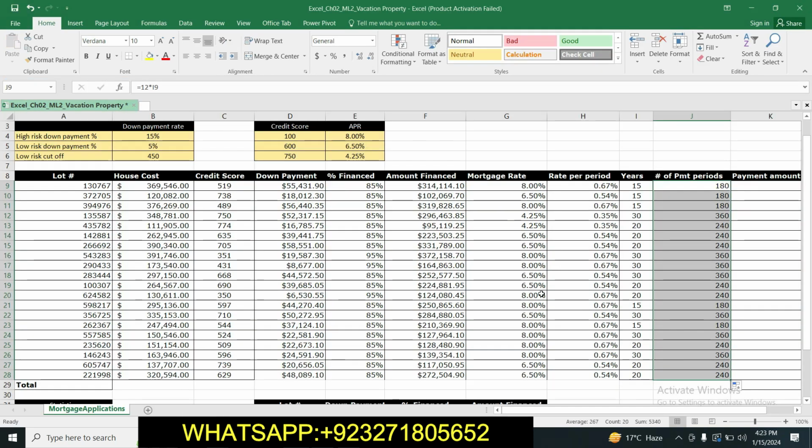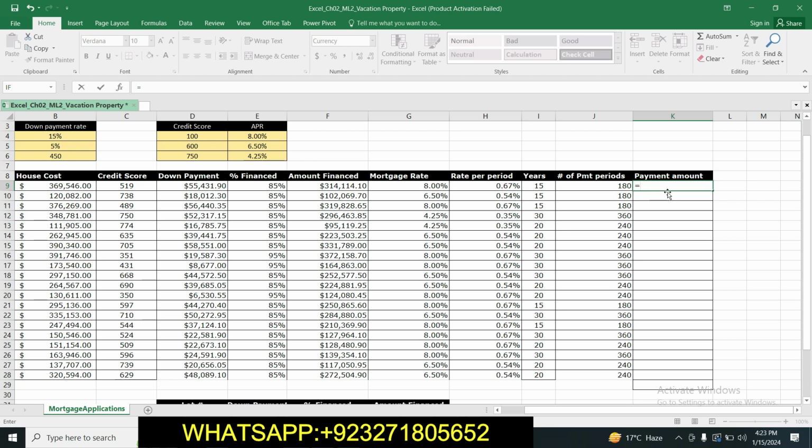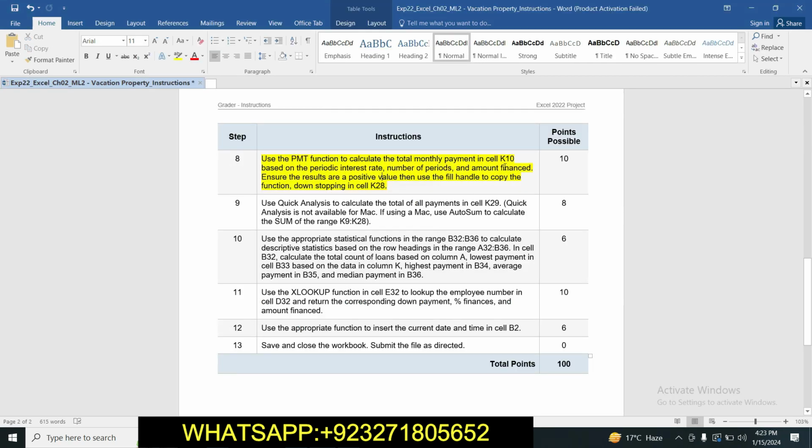Go to the Excel worksheet in cell K9. Firstly, in cell K9, we will find the payment amount by using the PMT function. We will write our rate per period, number of payment periods, and then our amount financed.